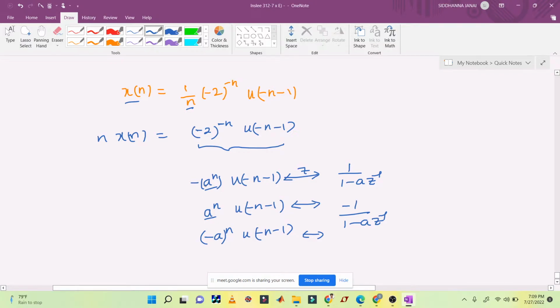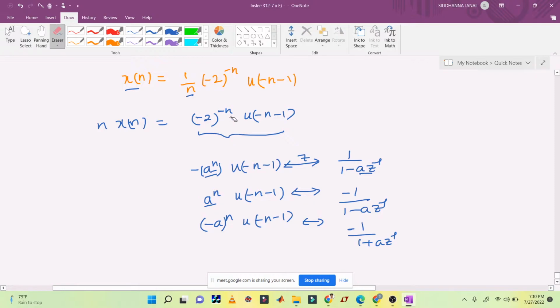So already I have explained this. If a is here, you will get 1 minus a z inverse here. If minus a is here, you will get 1 divided by 1 plus a z inverse. Since there is no minus here, we will get a minus here. So this is what we are going to get for the given signal.